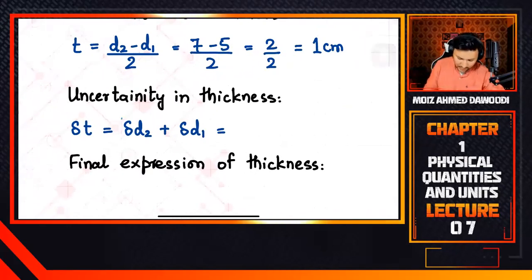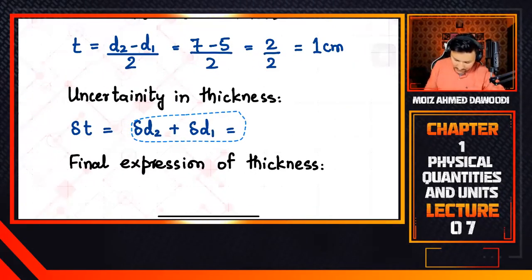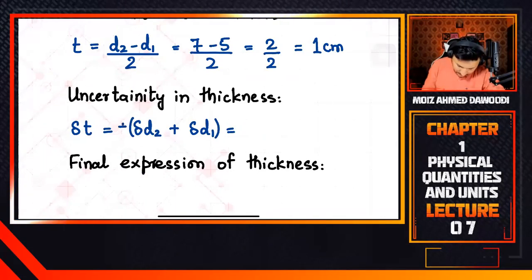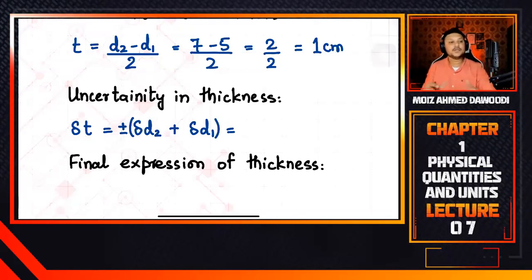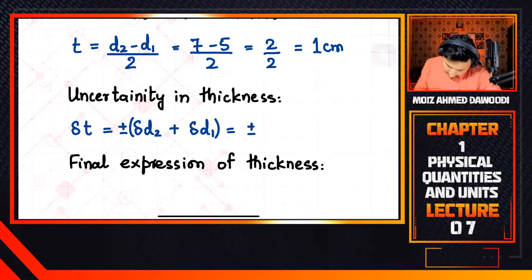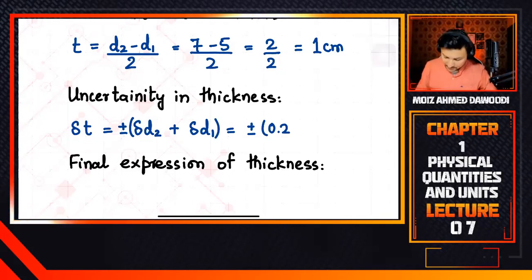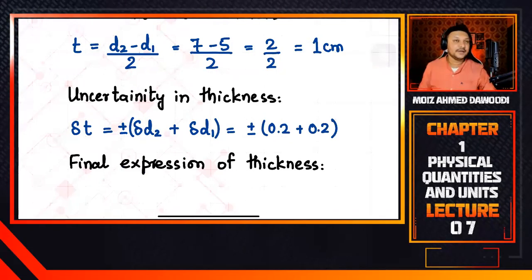Acha, one more thing. I forgot to mention one thing. And that is, whenever you write down uncertainty, plus minus लिखना लाजमी है. Because uncertainties are both positive and negative. So, plus minus 0.2 centimeter for the uncertainty of outer diameter, and 0.2 centimeter for the uncertainty of inner diameter.